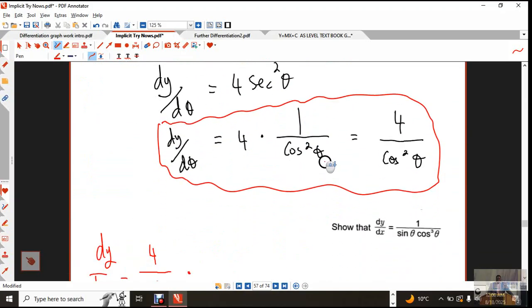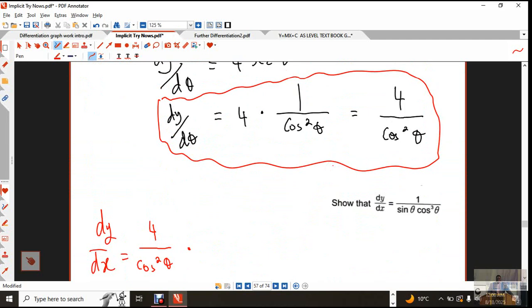1 over 4 sine theta cos theta. So it's 1 over 4 sine theta cos theta. Okay, I'm realizing a couple of things here.